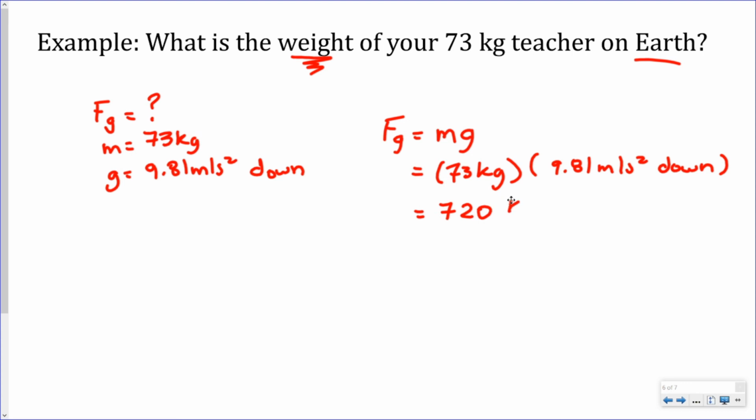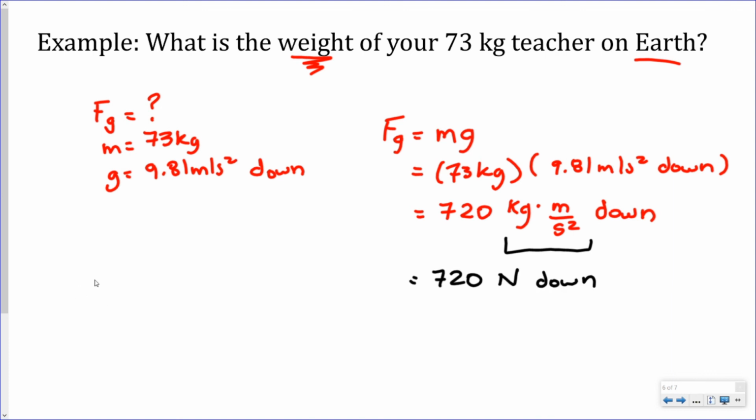This unit is actually kilograms times meters per second squared, with a direction of down. Kilogram meters per second squared is not a very kind looking unit, but in fact, that is a Newton. So this is equal to 720 newtons down.